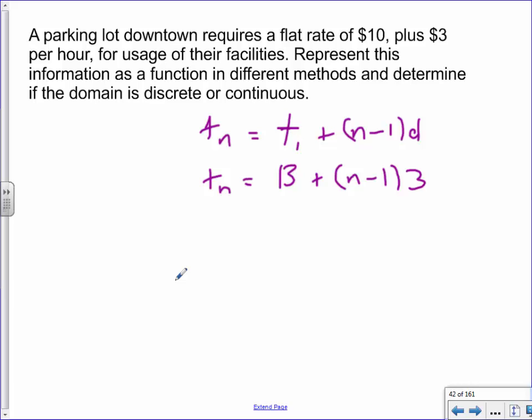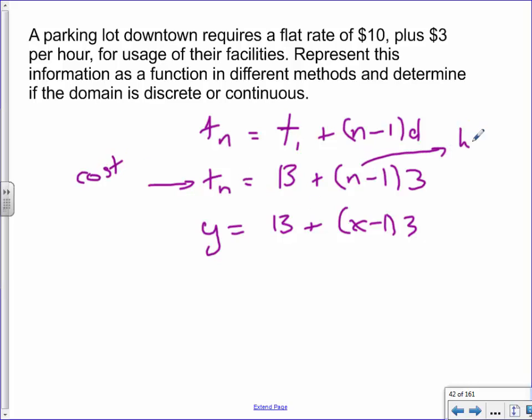One of them is now your x and the other one is your y. So rather than writing them with these letters, it might be more appropriate to write it like this: y equals 13 plus (x minus 1) times 3. We now have an equation that we can graph, that we can plot. We just have to recognize that y is referring to your cost, and x is how many hours you're parked for.